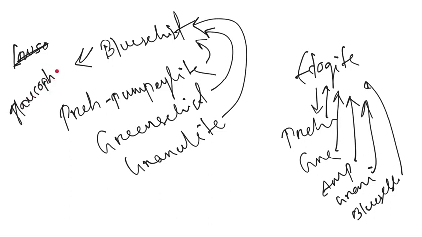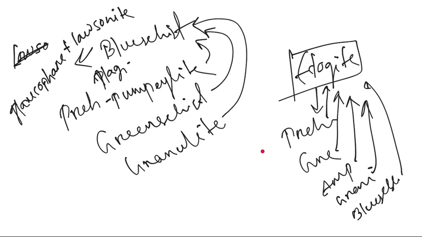Glaucophane and lawsonite. But here albite is present, you can say plagioclase is present in every facies except eclogite. Eclogite is considered the no-plagioclase facies.